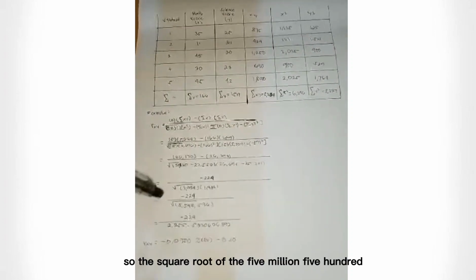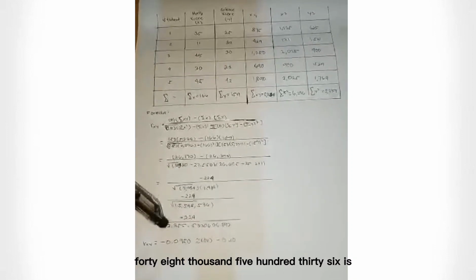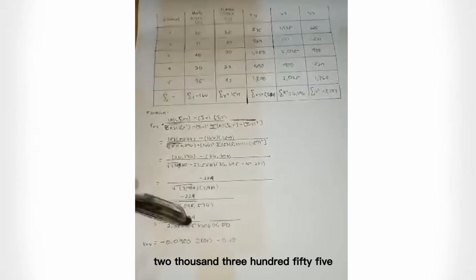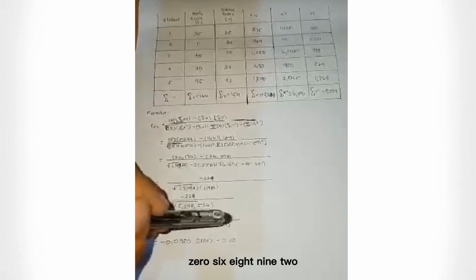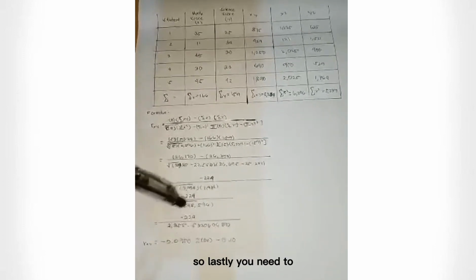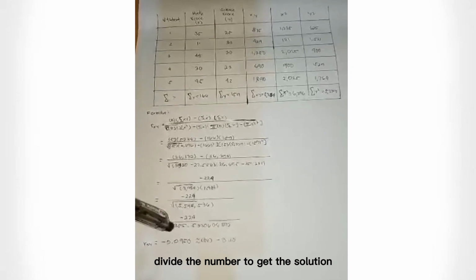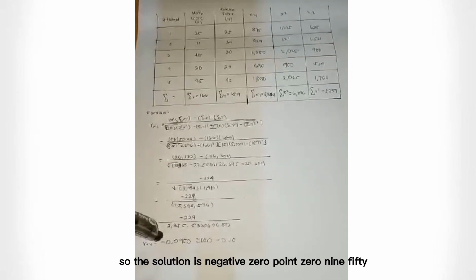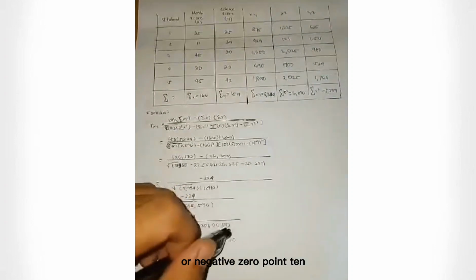The square root of 5,548,536 is 2,355.5330606892. So lastly, you need to divide the number to get the solution. So the solution is negative 0.0950, or negative 0.10.